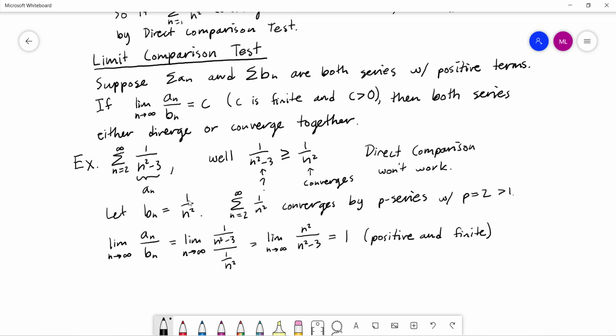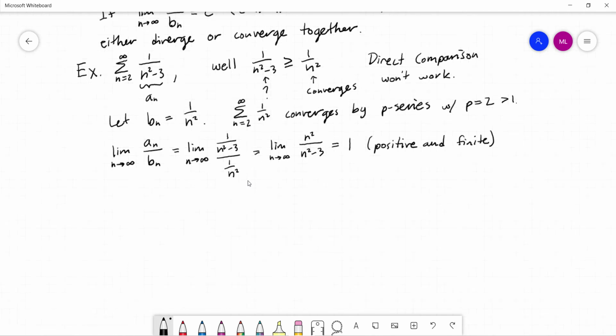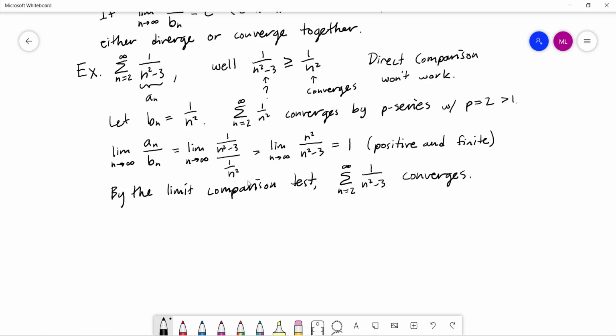Since we know that this series converges, then by the limit comparison test, the sum from n equals 2 to infinity of 1 over n squared minus 3 will also converge. So that's the idea.